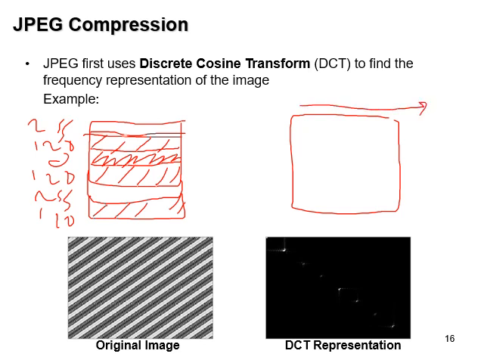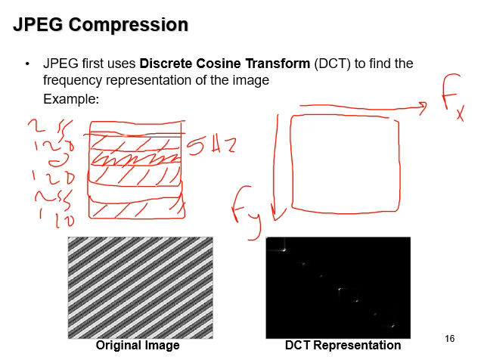This we can call fx, the frequencies in the x direction, and this is fy, the frequency in the y direction. Let's assume that this sine wave had a frequency of 5 Hertz.